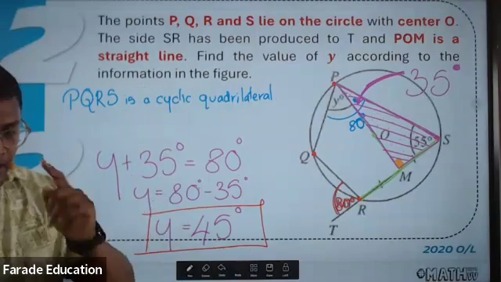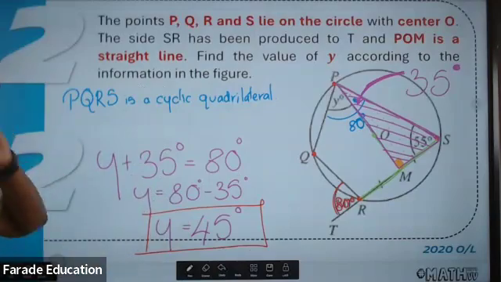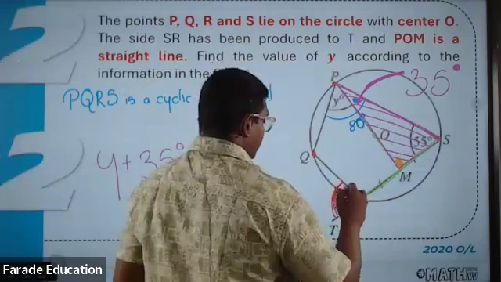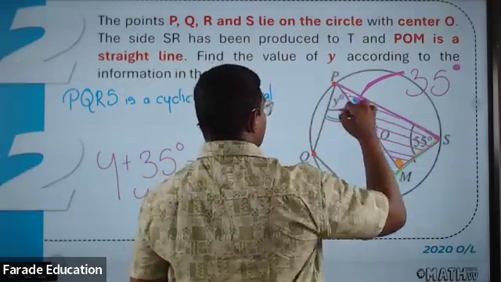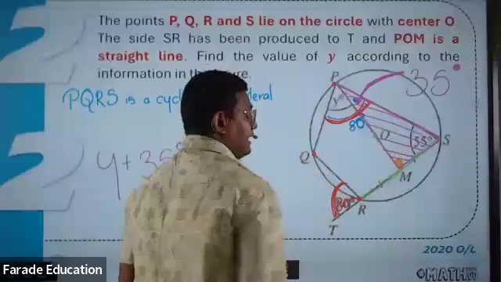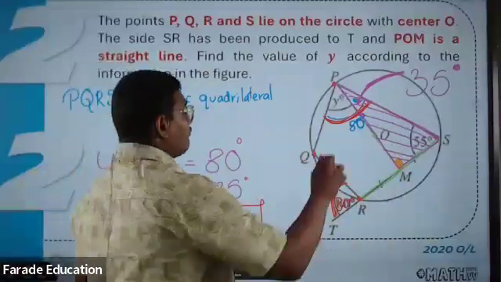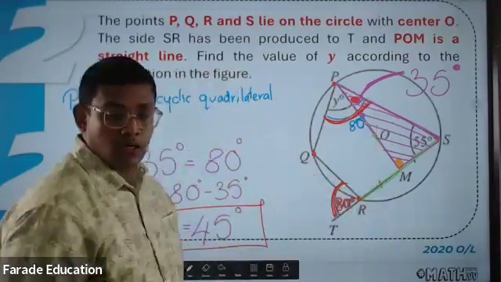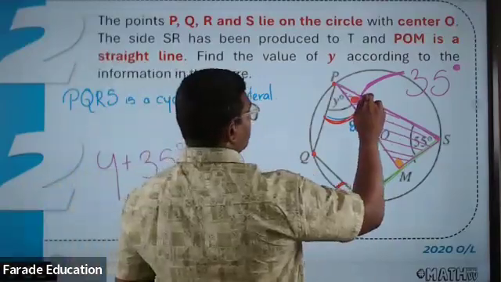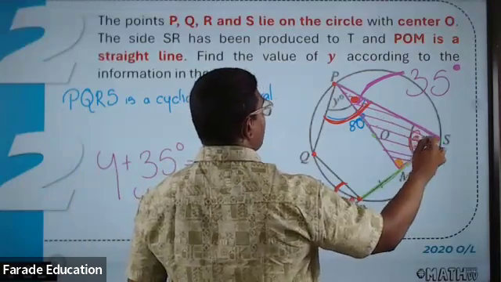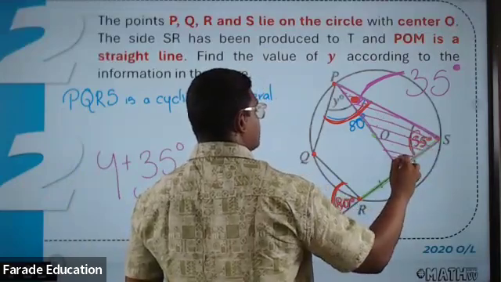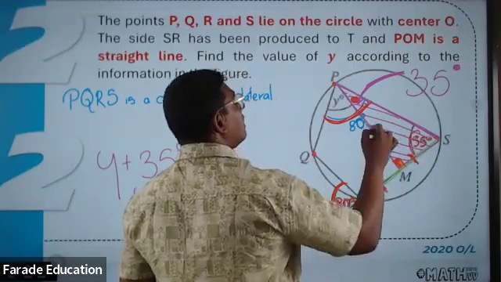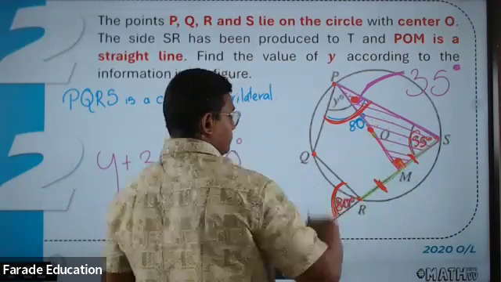Is it clear? The first theory we used is, because PQRS is a cyclic quadrilateral, if this is 80, then this entire angle is 80. I have to find y. For that, I need this angle. This 55, I know. So I need this. That's why they gave that this and this are equal, and this comes through the center.